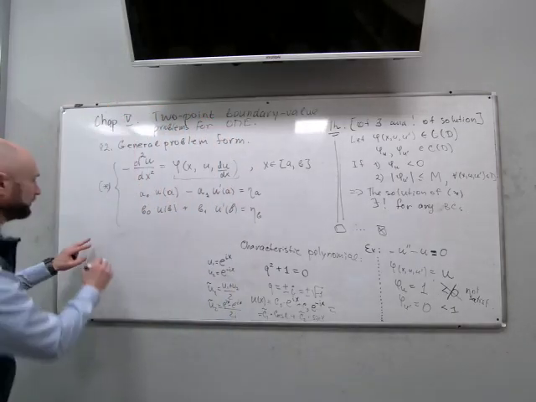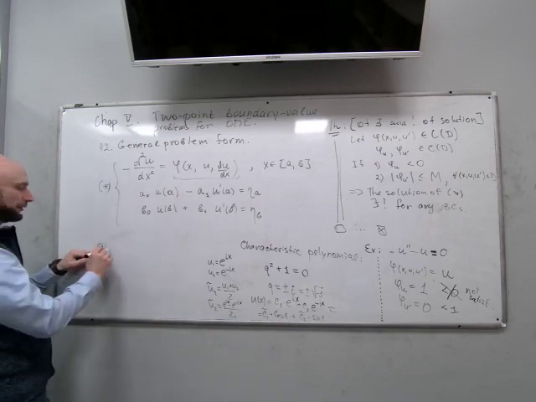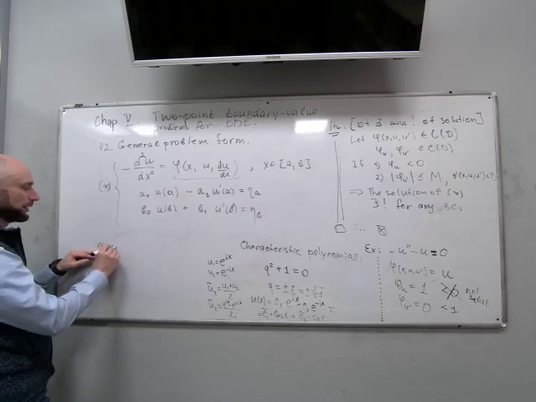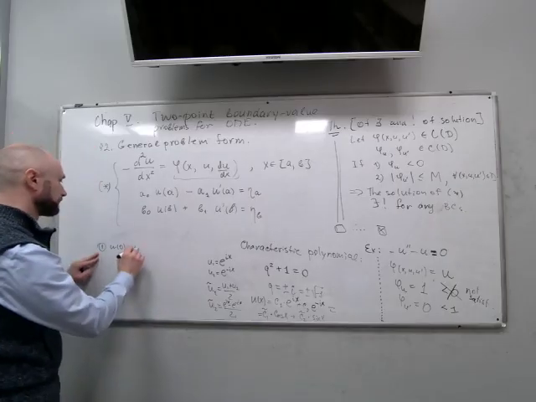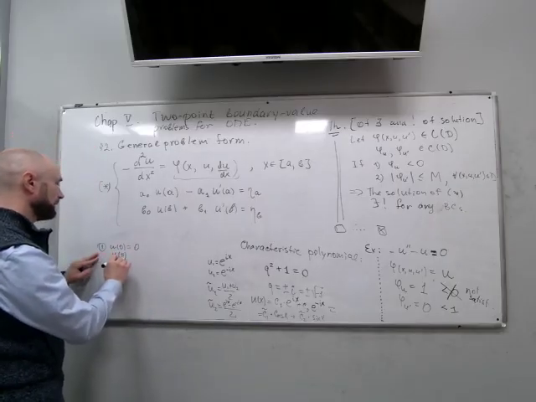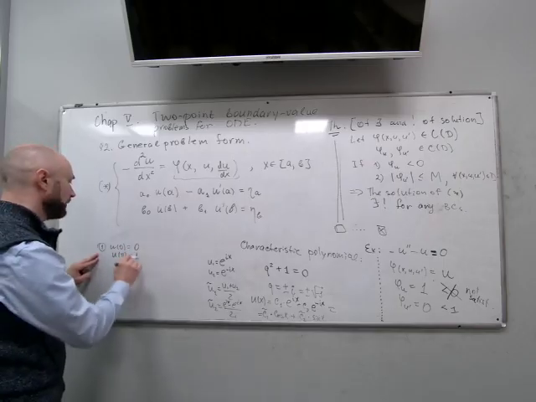Let's, for example, say, first variant of the boundary conditions. Let's say u of 0 is equal to 0, and u of pi is equal to, I want it to be equal to 1.